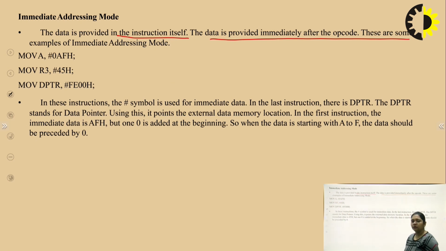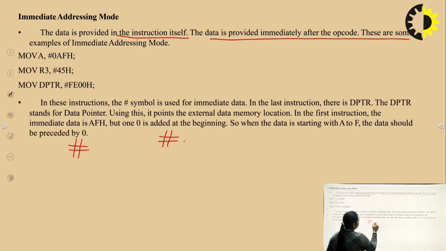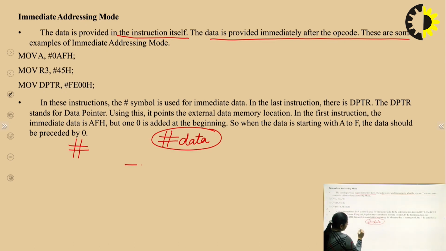One thing before discussing, we should be aware that in microcontroller, you will see a hashtag symbol before some numbers. This hashtag symbol indicates the data, or we can say there is a hashtag and 1 byte is given.